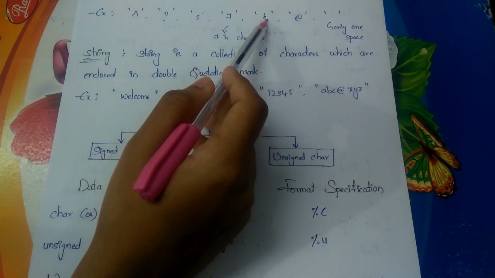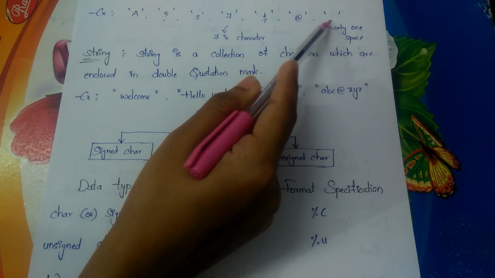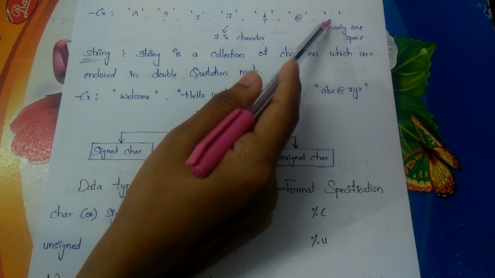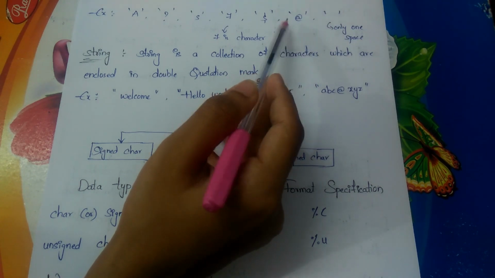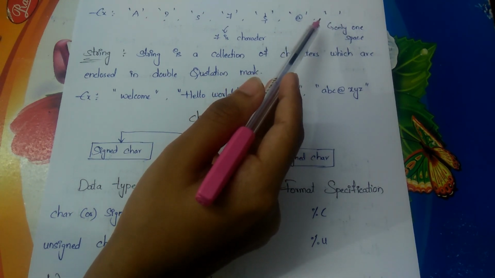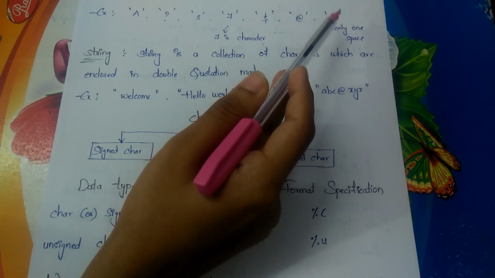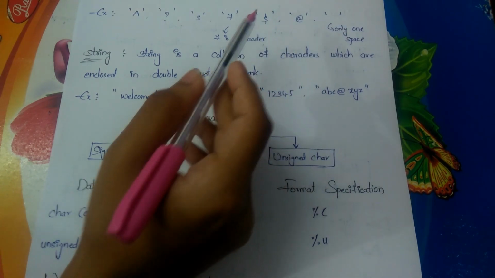And this is dollar, and then at the rate of, and then the space, only one space. Space is also a character. We cannot use double spaces, because we have to use only a single character in single quotes.